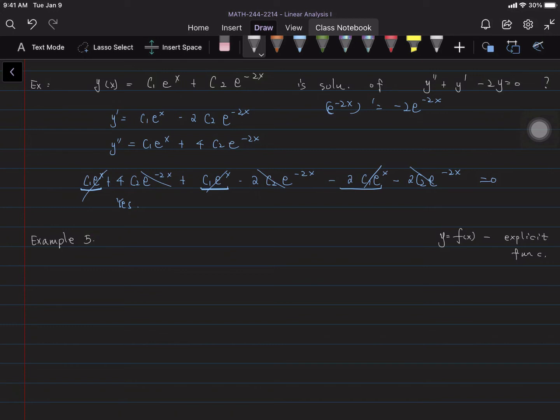What is implicit differentiation? Implicit function means the function is given by a relation. So for example, x squared plus y squared equals 4. This means a circle. This also means, if we solve for y, y equals f of x, so this is explicit, right?